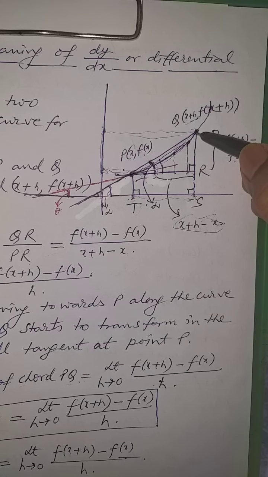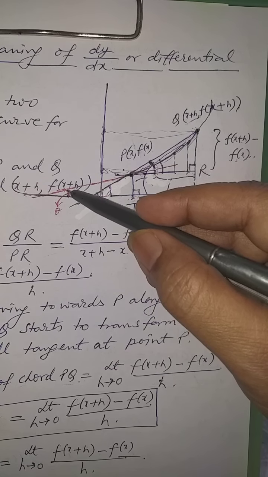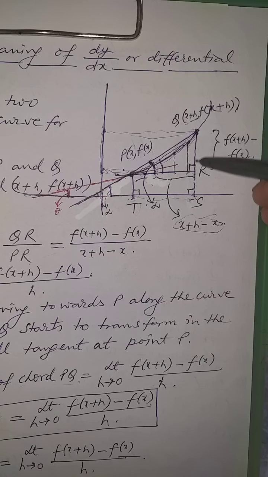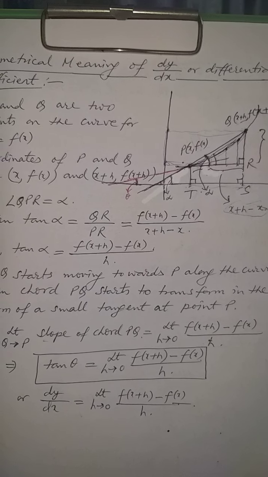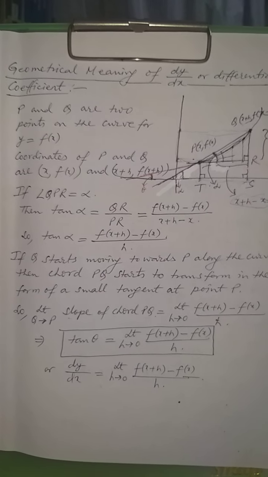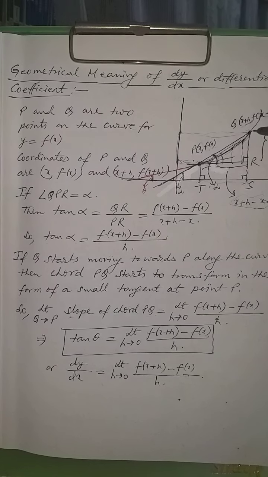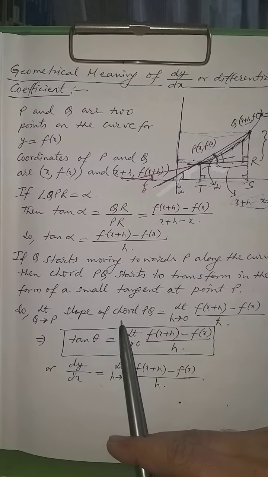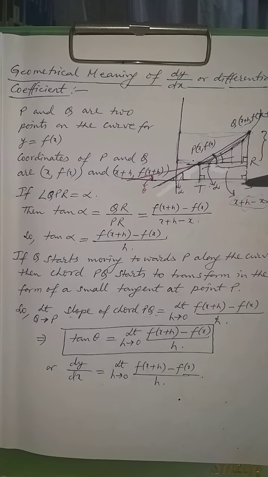And that will make a certain angle with the x-axis that we have represented as theta. Means as Q changes its position and keeps on moving towards P, alpha ultimately is changing into theta, and this slope, which was the perpendicular divided by base, I have represented over here, can now be taken as, you see I have written over here, limit Q tends to P, that means Q is moving towards P, then the slope of the chord PQ is equal to, and also this value h, as this point keeps on moving towards P, will keep on reducing and ultimately it will become 0.